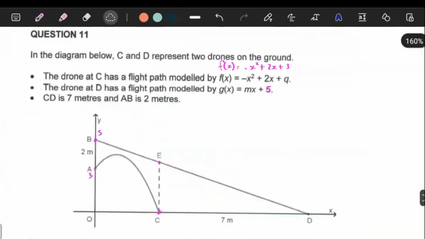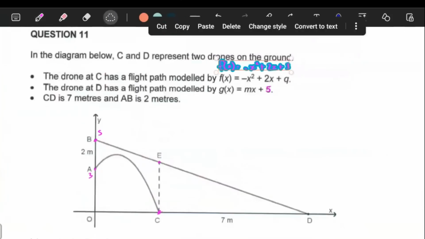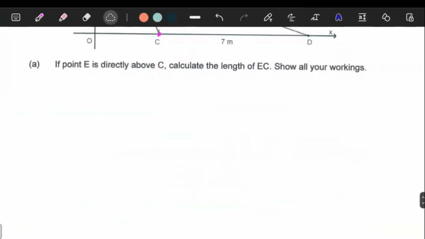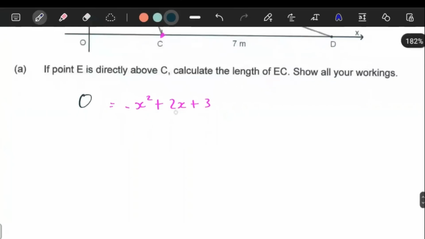So in the equation of our parabola, we need to find the x value where the y value is 0. So let's make this a 0. Making this a 0, let's just use our quadratic formula.